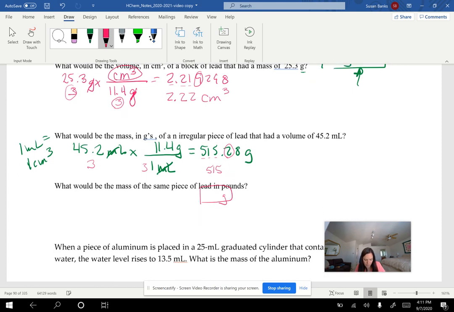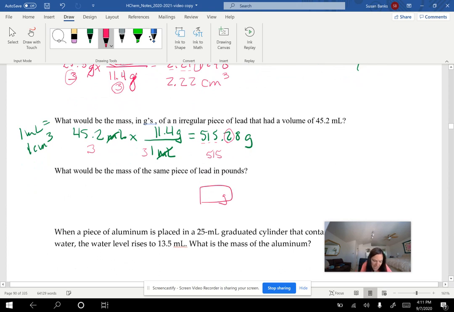Okay. What would be that same mass in pounds? Let's see, we have to figure out pounds now. So 515 grams.